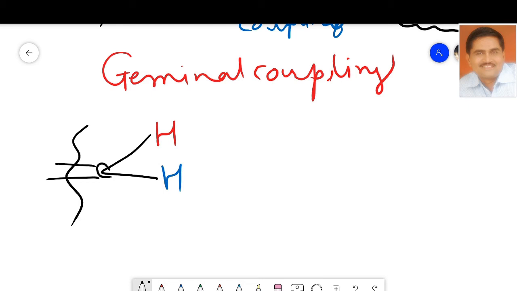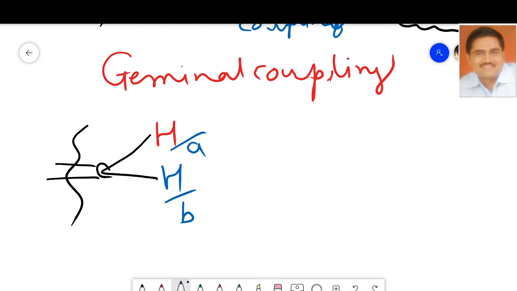Now here these two protons, HA and HB, have different chemical environments due to the planarity of the sp2 hybridized carbon atom. This is called geminal coupling.